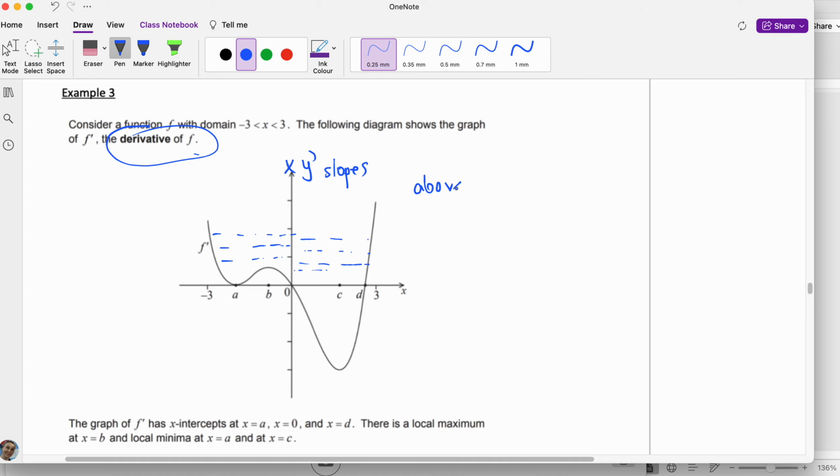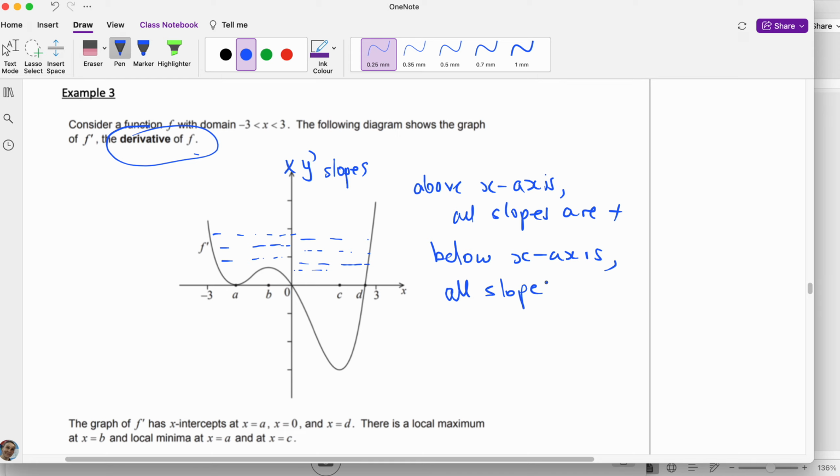So I'm just gonna write this here. So above x-axis, so all slopes, which remember means all derivatives, are positive, okay? When it's below the x-axis, then all slopes are negative.